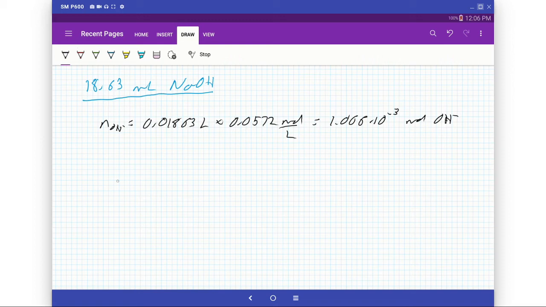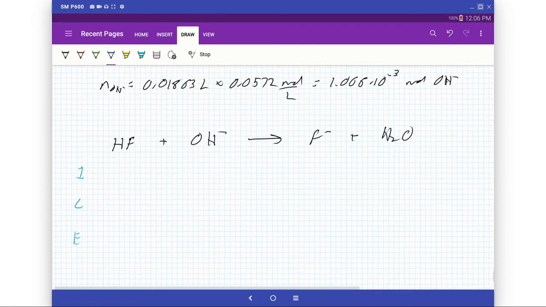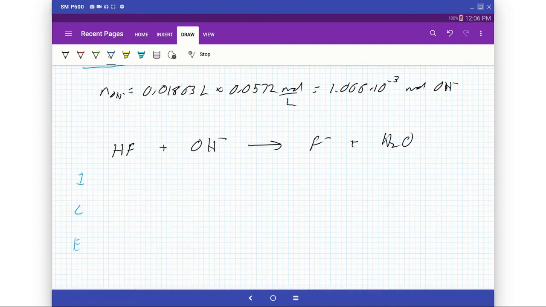So now we have to look at the neutralization reaction. Again, the number of moles of HF is not going to change, 1.066 times 10 to the minus 3. The moles of hydroxide is changing because we're adding volume, but it is now 1.066 times 10 to the minus 3.